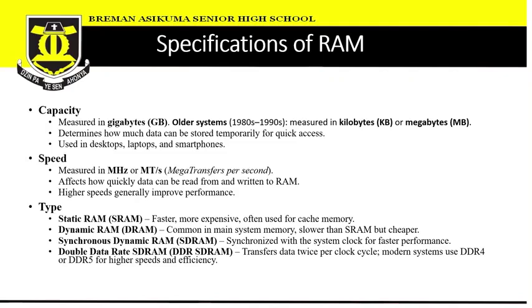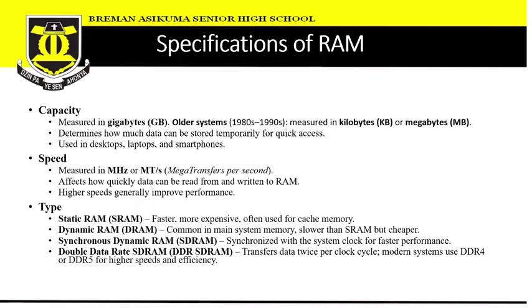Now, let's look at the speed. RAM speed is measured in megahertz or mega transfers per second, that is MT/s. The RAM speed affects how quickly data can be read from and written to. A high RAM speed generally improves the performance of the computer system.